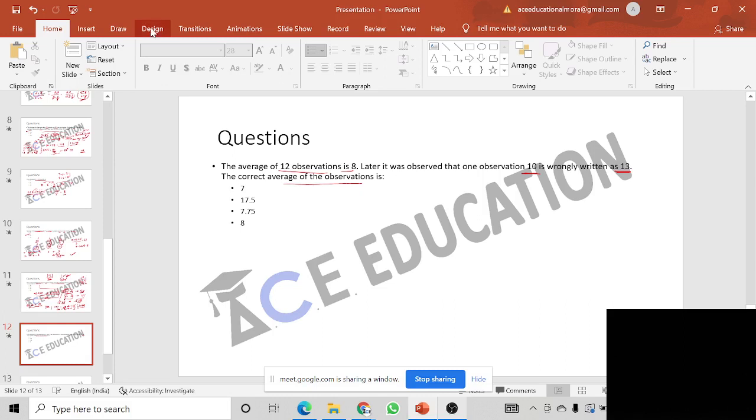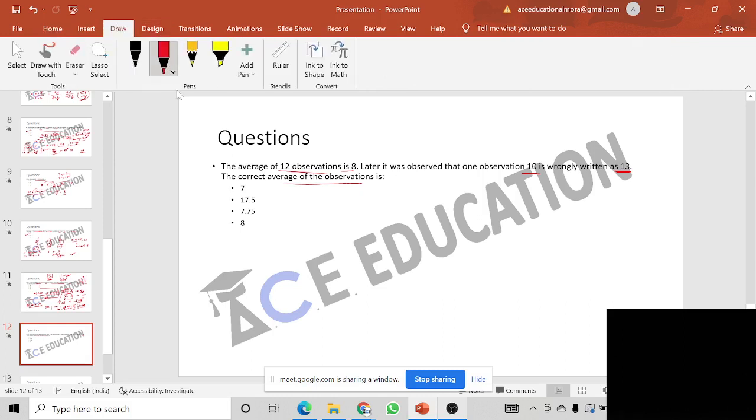So see, I'll do this from the newer method that I want you guys to learn. It is saying that the average of 12 observations is 8. Now 10 is wrongly written as 13, right? So because of this, what is the extra amount that we have? We have 13 minus 10, 3. So 3 is the extra thing which has increased the average, and the average needs to go down, correct?